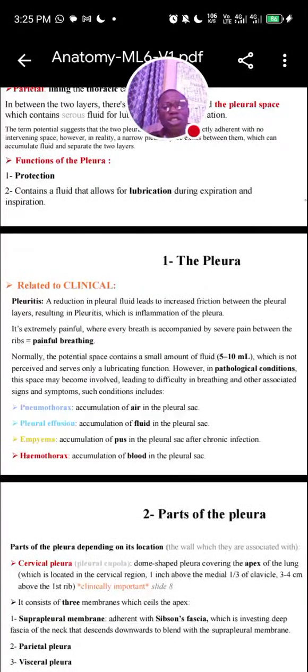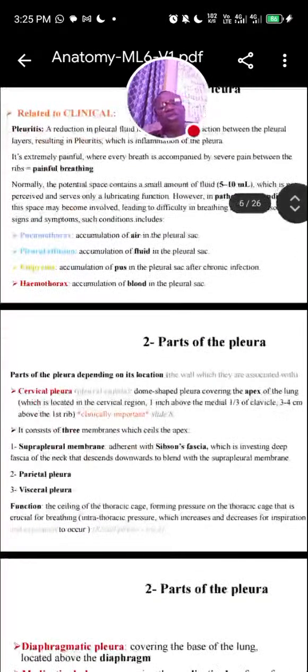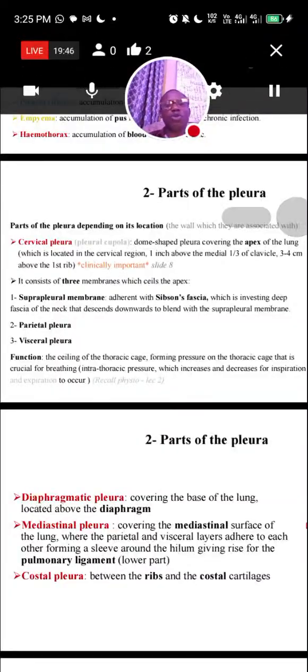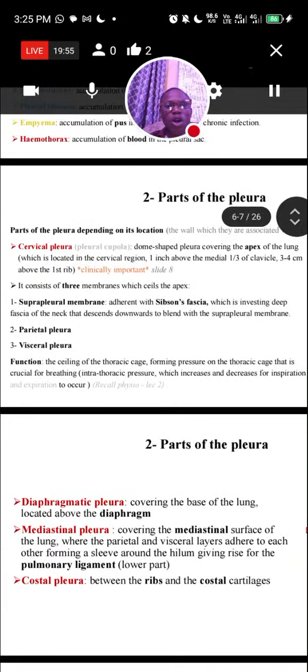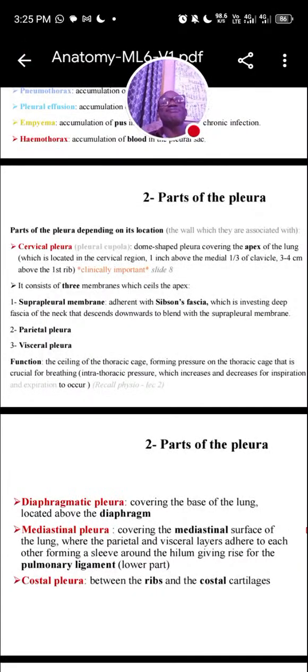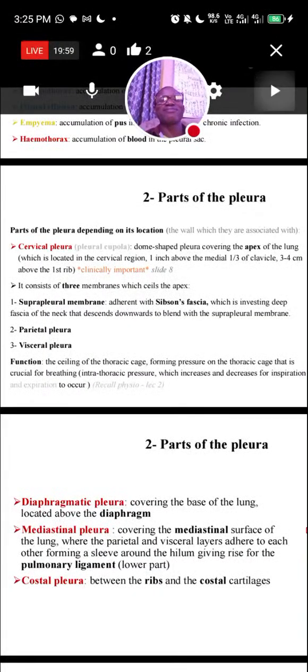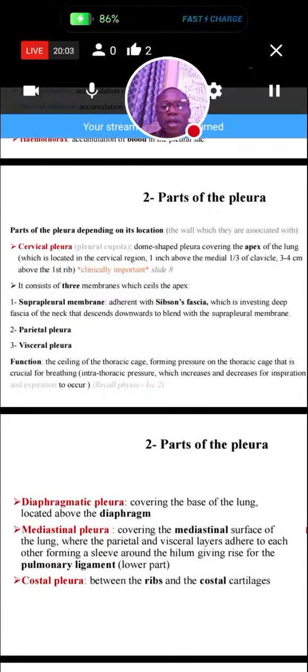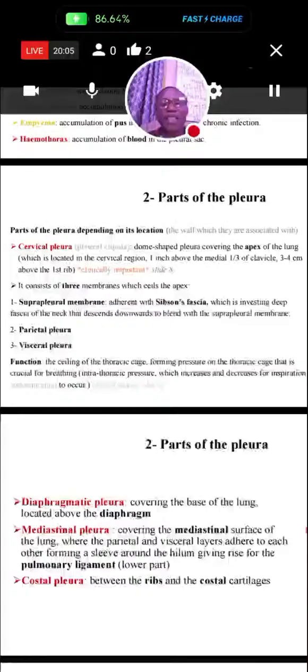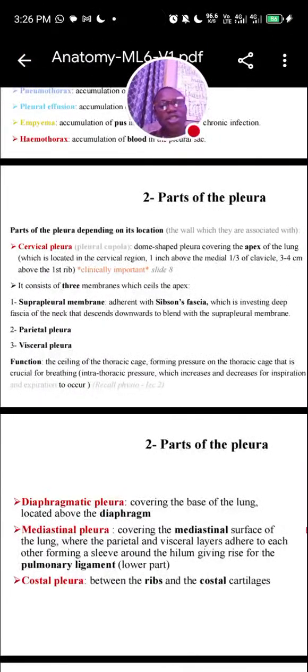However, in a pathological condition, this space may become involved, leading to difficulty in breathing and other associated signs and symptoms, such as what we've discussed. All right, let's look at parts of the pleura. The first part of the pleura is the cervical pleura. We name parts of the pleura depending on its location, that is, the wall which they are associated with.